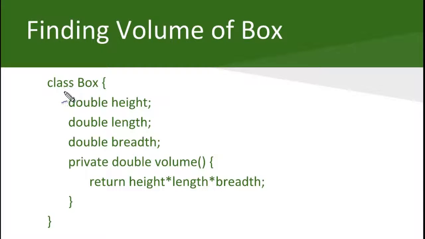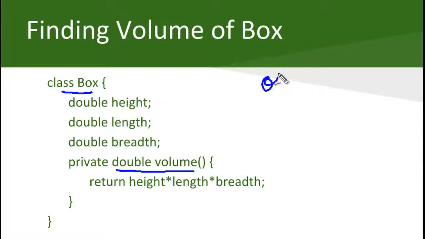Now let us take our example of the class Box and add a method to it. Remember that earlier we found the volume in the main method, but this time we'll be calculating the volume in the class itself, and it will become a method.